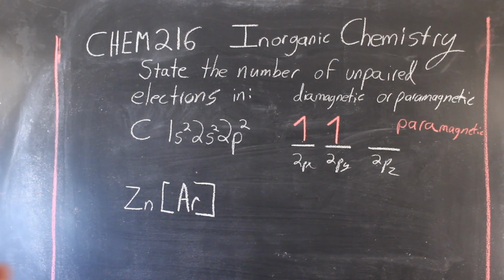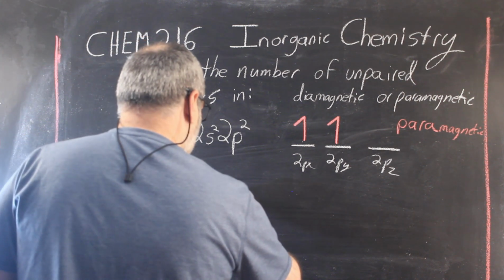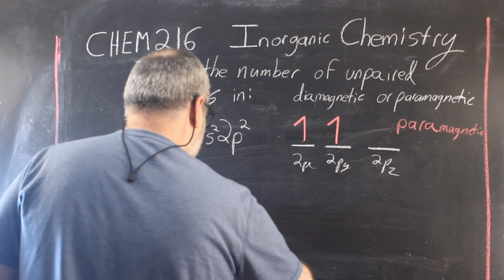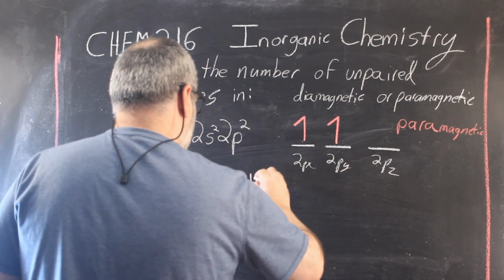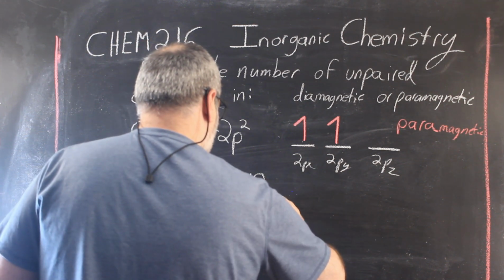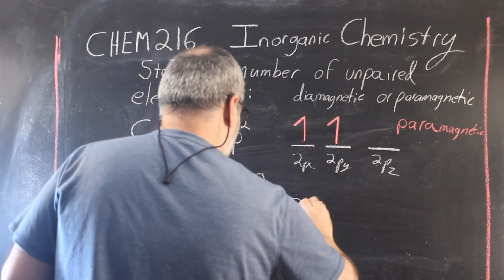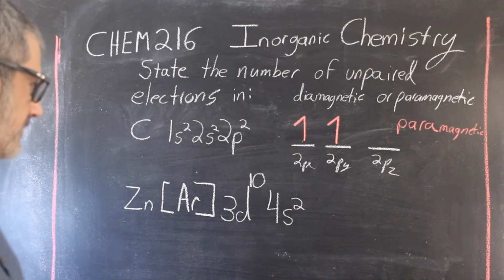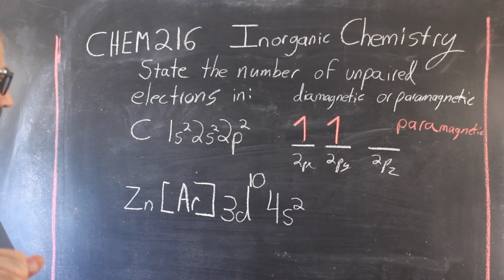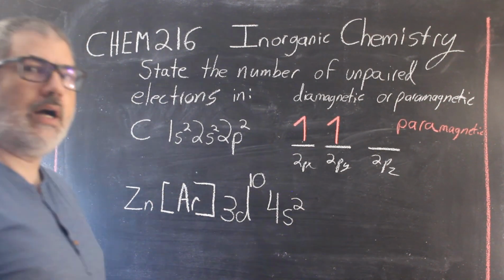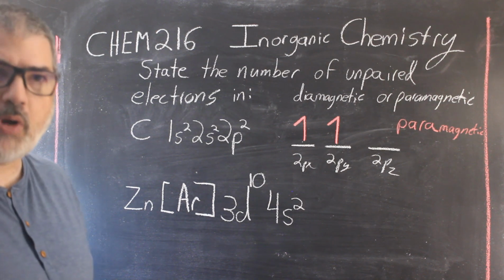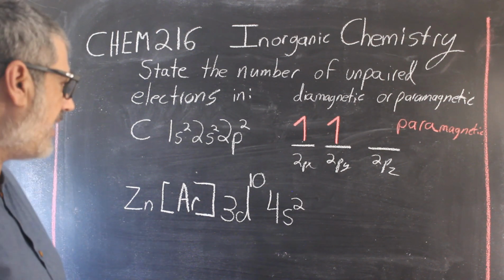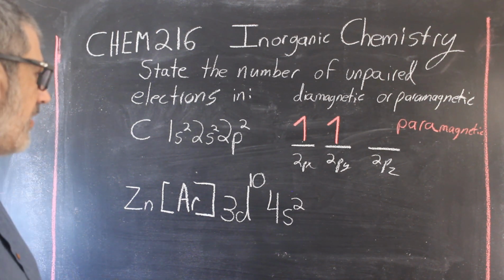By convention, and your textbook actually does it kind of the opposite of how I learned it, but I'm going to put it this way. We put the lower quantum number first. So it's 3d10 4s2. And if you reverse it, again, I'll probably teach it the way the book does it, you get the same result.